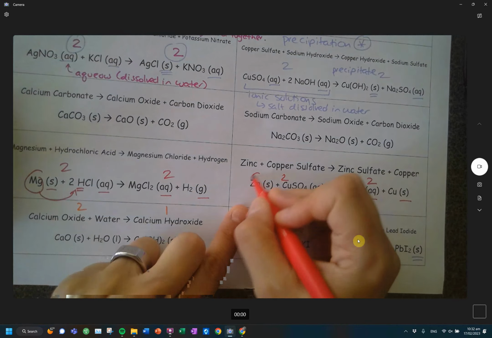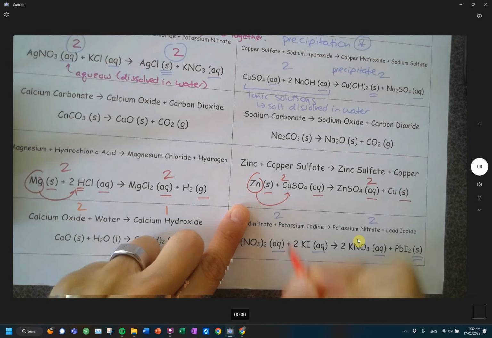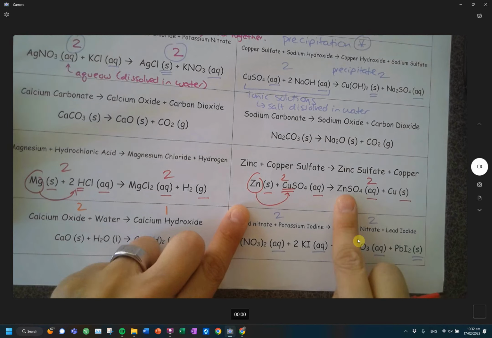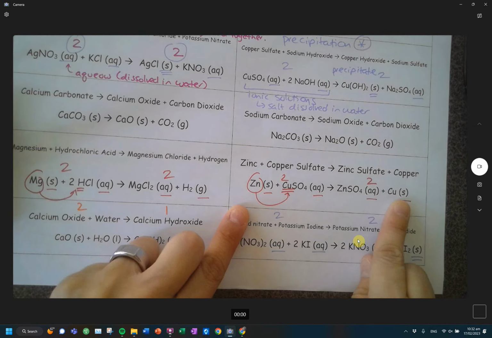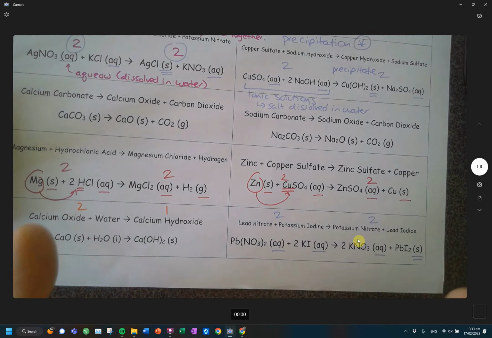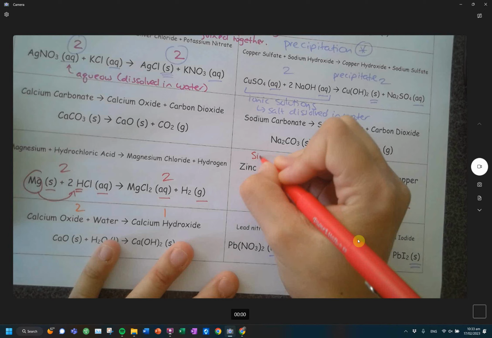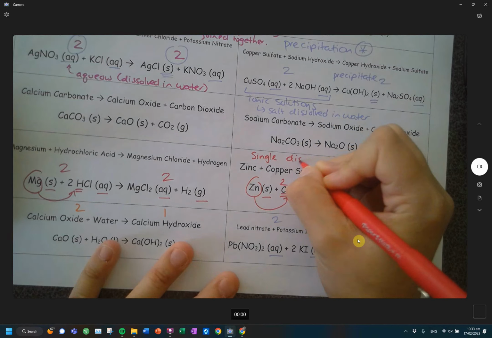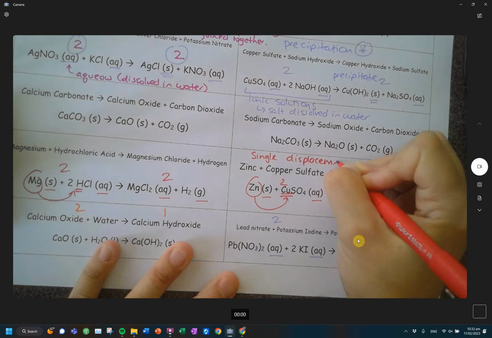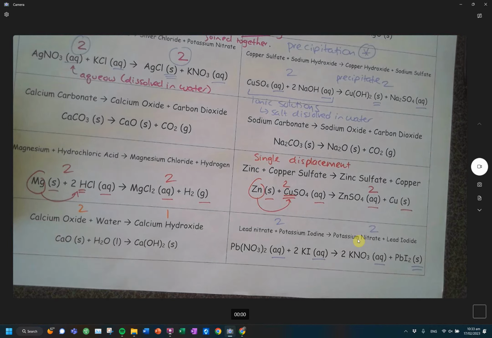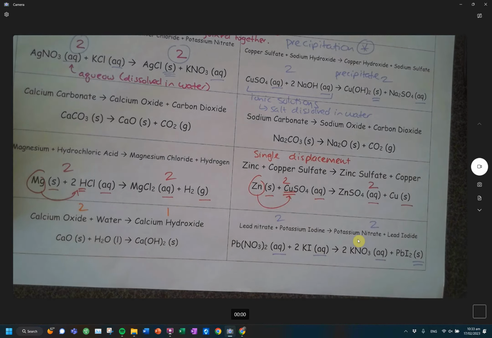This one over here, we have the zinc and it's pushed out the copper, making zinc sulfate and copper being released. So this is your single displacement. We will talk about some of those single displacement reactions when we go into redox.